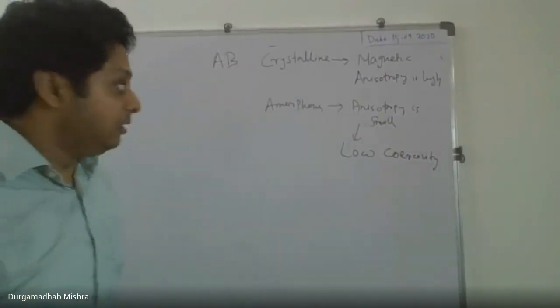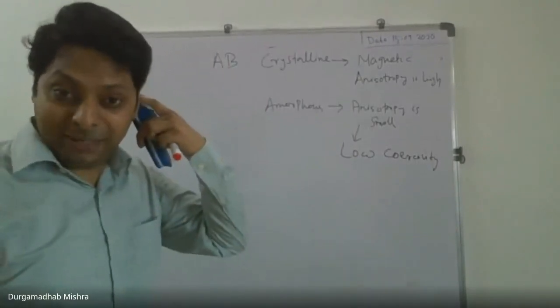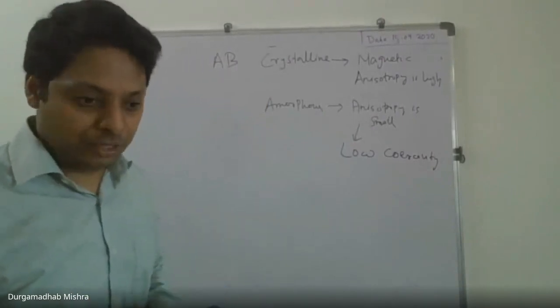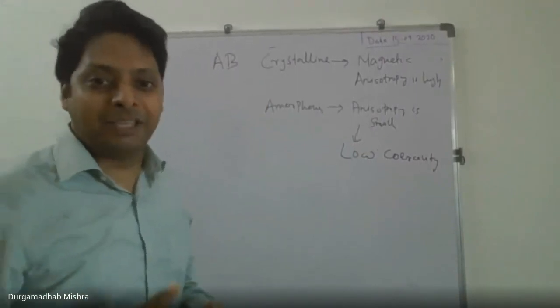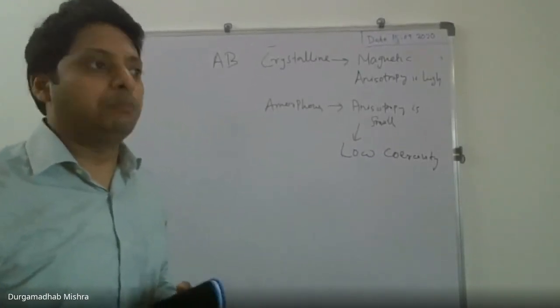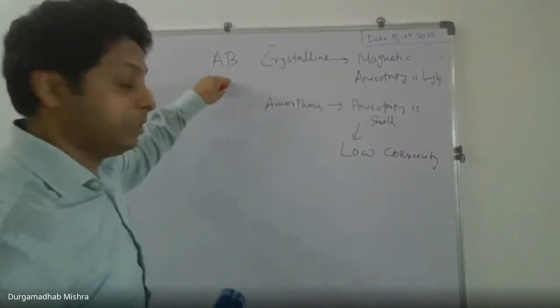Okay. So there are many different soft magnetic materials. It could be crystalline or it could be amorphous as well. Depending on the price or how easy or difficult it is to process, different soft magnetic materials are used for different applications.